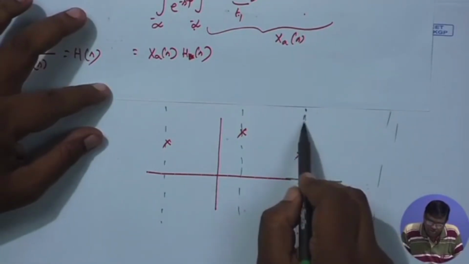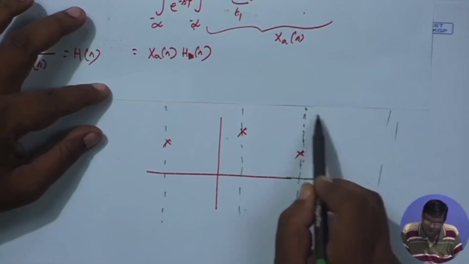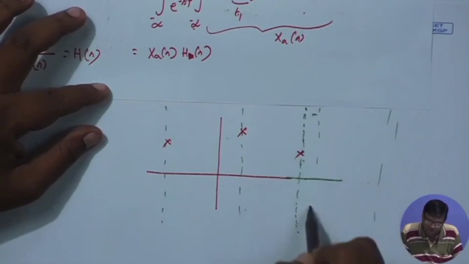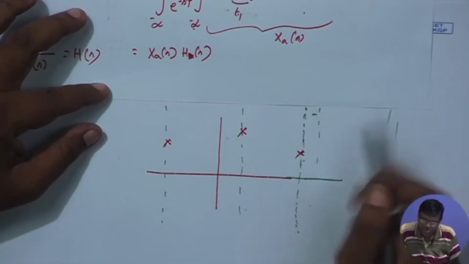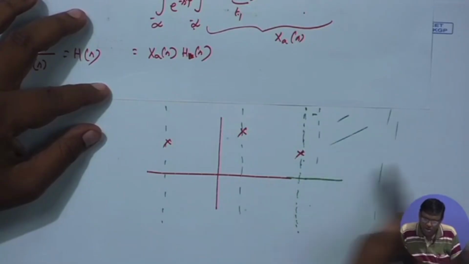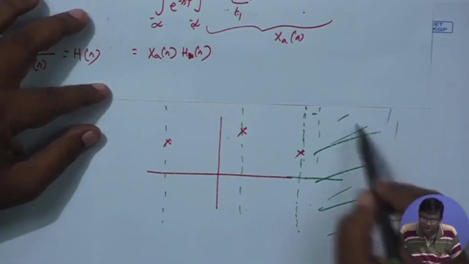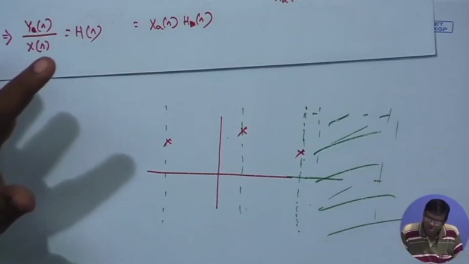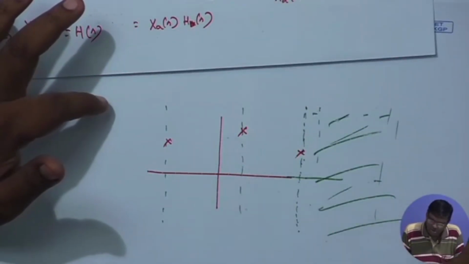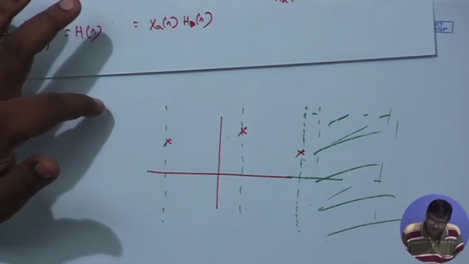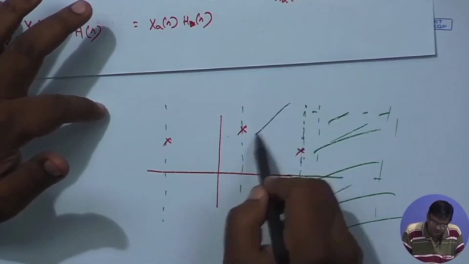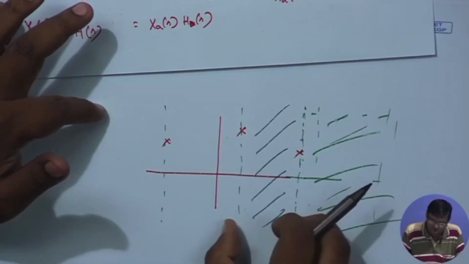Suppose I start from this line, just to the right of the line, and consider any strip, or go further, widen the strip, go on up to infinity. Since there is no pole, this entire region up to infinity can be one ROC. Or I consider the zone between these two lines; this is one strip.